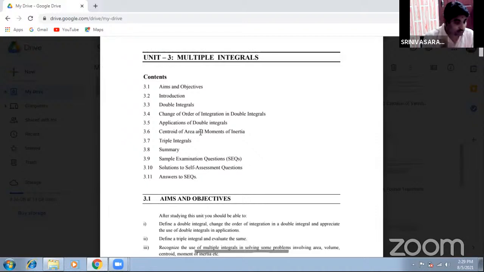Now, multiple integrals: before that, we have already well practiced vector integrals, that is, the integration of vectors. These are three types of integrals. Line integral is a single integral, compared on both sides here.